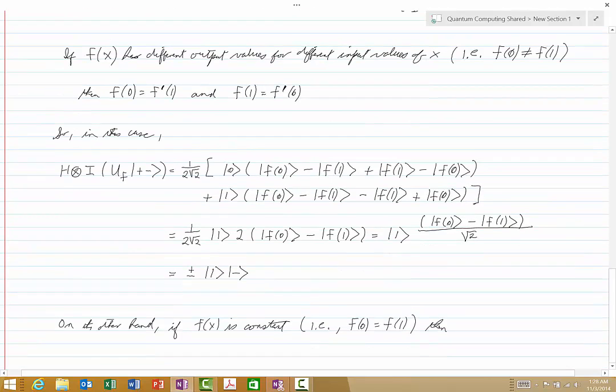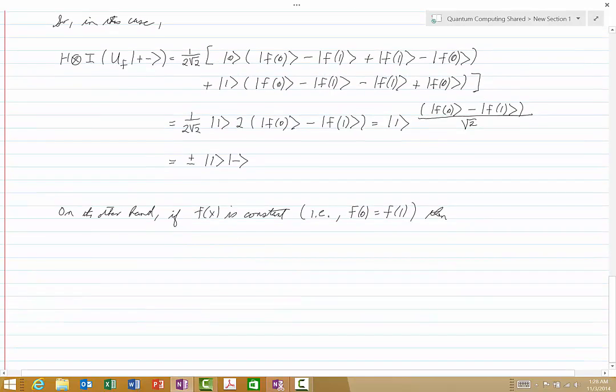then, well, in this case, f prime of 0 would also be equal to f prime of 1.